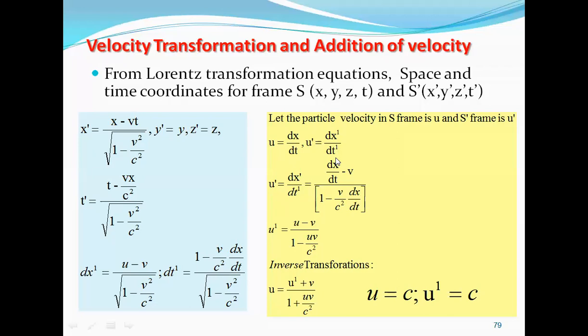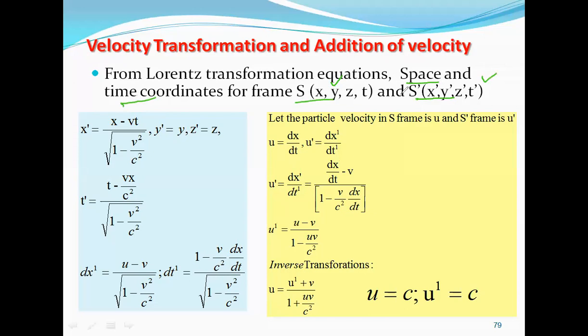From the Lorentz transformation equations, we have the space and time coordinates of two frames, the S frame and the S prime frame.